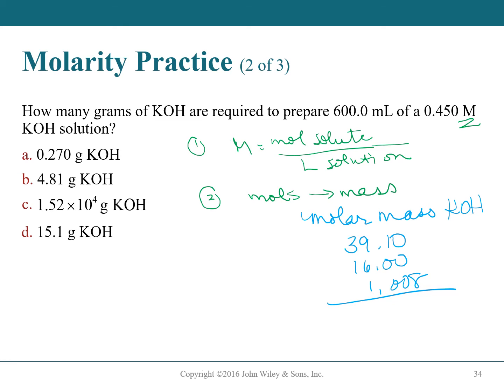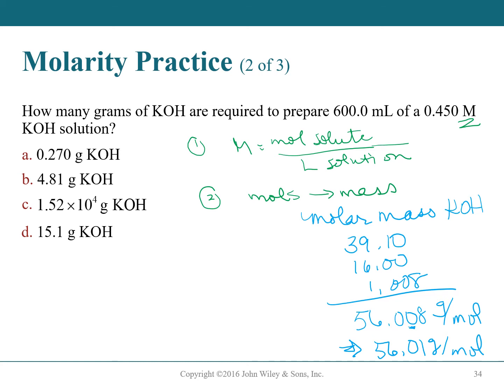Okay, so we're going to get something like 56.008 grams per mole. I'm going to round it because this is where your precision is, 56.01 grams per mole. So we're going to need that.